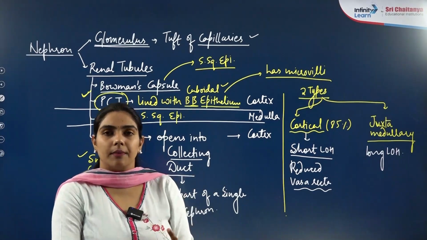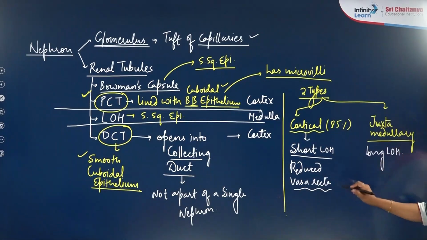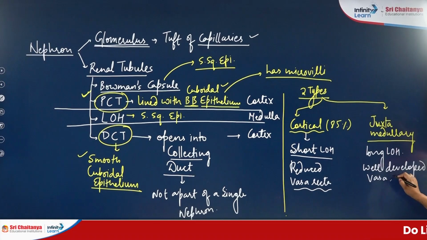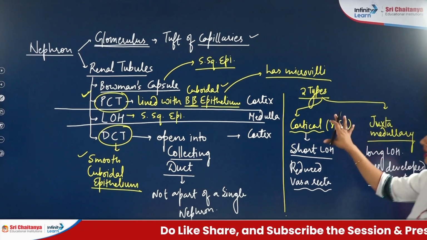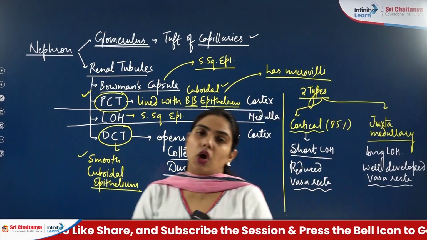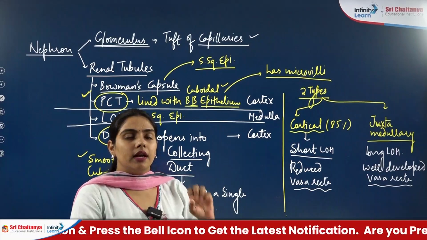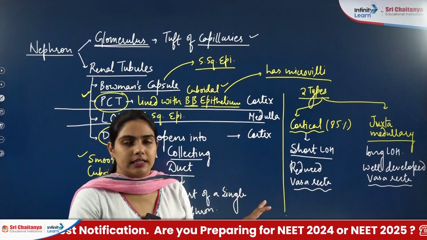In the juxtamedullary nephron, the vasa recta will be well developed. I hope this is clear to you. So if somebody asks you, most of the nephrons are cortical, juxtamedullary are less in number, and what is the difference? The difference is in the loop of Henle and the vasa recta, right?